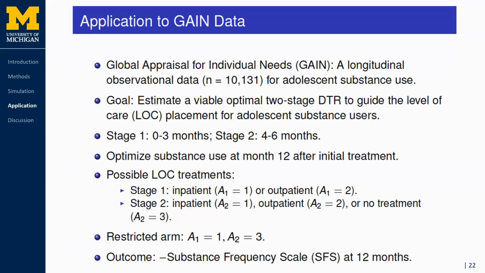In that situation, it's very easy to have recurrence of their substance use. Our outcome is the substance frequency scale, which you want to minimize, so we put a negative sign in front of it to make it a desirable outcome to maximize.